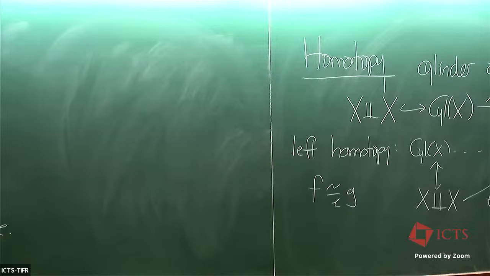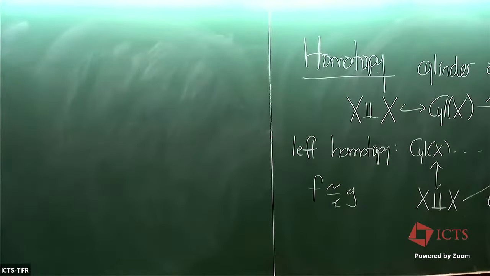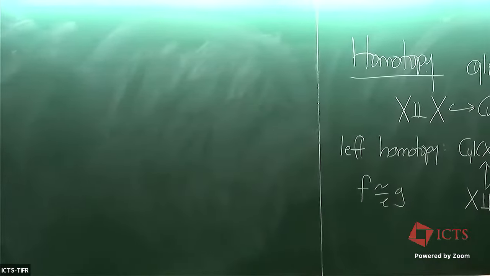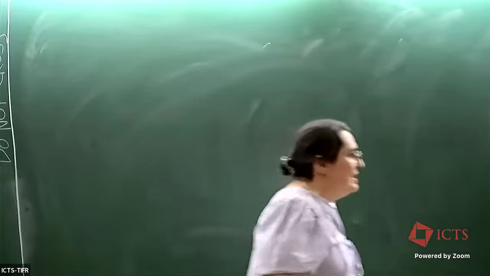So you can pick whatever technical category you like for your personal purposes and goals, because at the end of the day, whatever you pick, they're all going to be Quillen equivalent to each other, which is a very non-trivial result, but it's true. So now it's finally time to say what a stable model category is, because so far none of this has been, well, particularly stable.